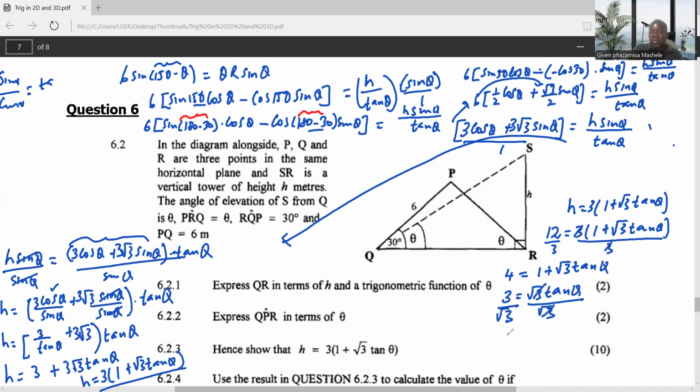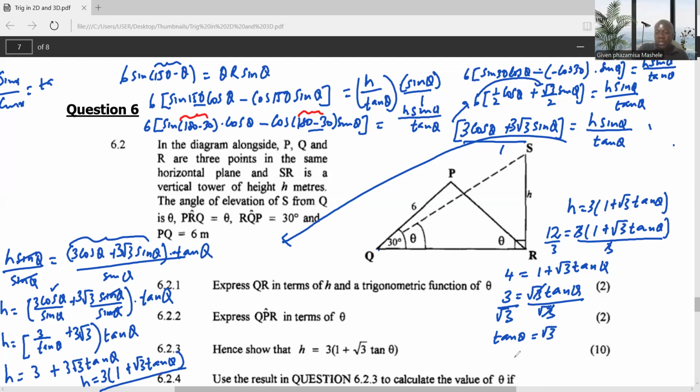Then we're going to have tan of theta. It's 1 over root... No, I apologize. Tan theta is 3 over root 3, which is just root 3.